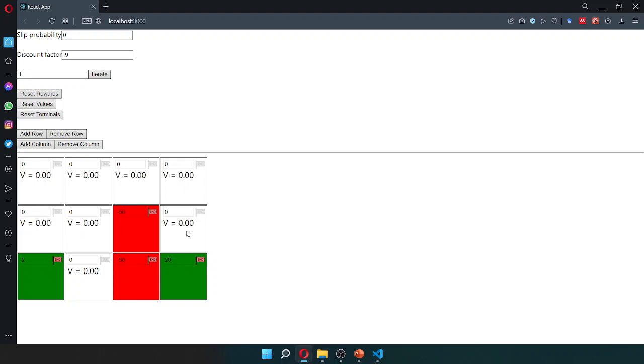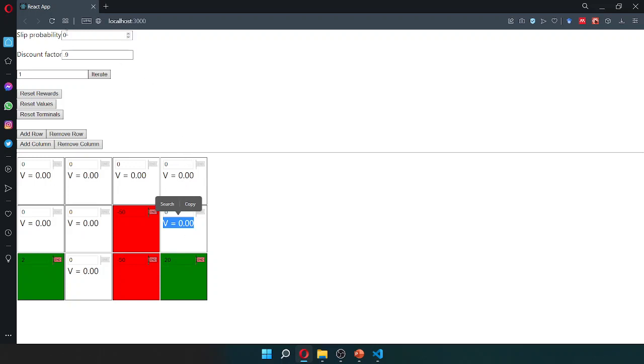Again, let's assume that you are in this state and your desired action is down. However, instead of going down, there's a 0.1 probability that your agent can go back to the current state, or go to the state on the left, or go to the state on the top.